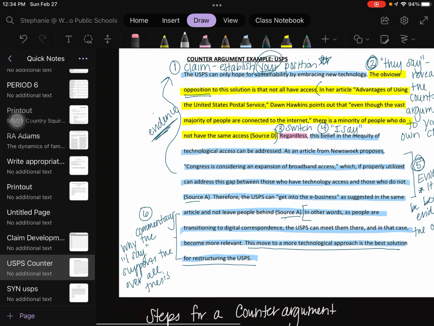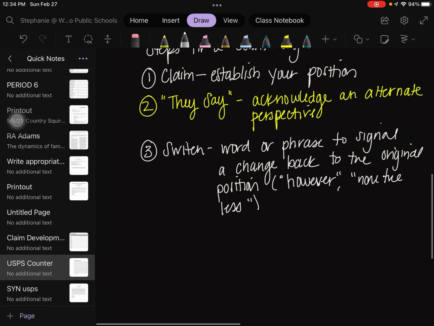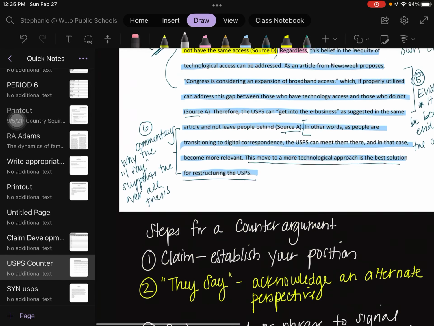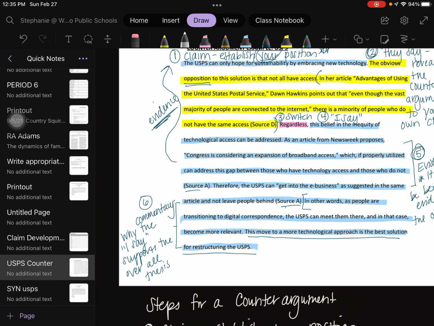Then after we've switched, and it could be a word, it could be a phrase, I'm going to provide the I say, which essentially is my response to the opposition. In this case, opposition said, oh, not everyone has technology access. My response was, this belief in the inequity of technological access can be addressed.